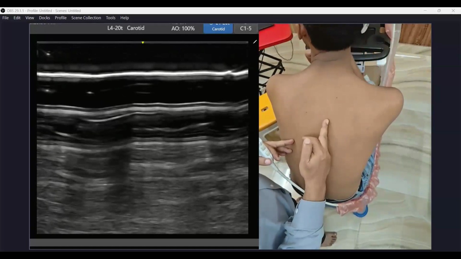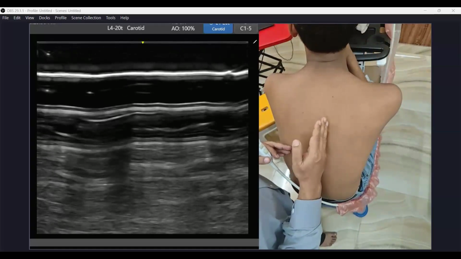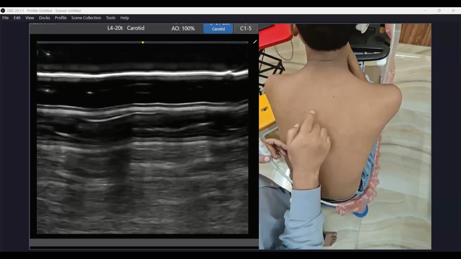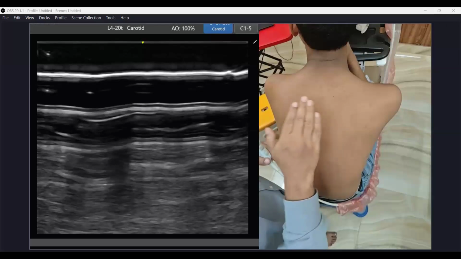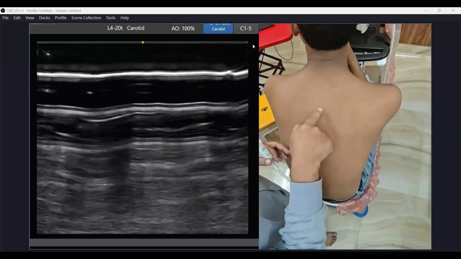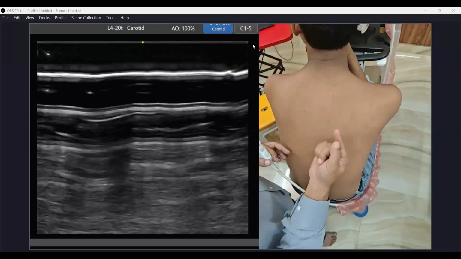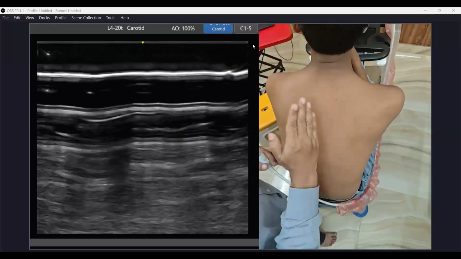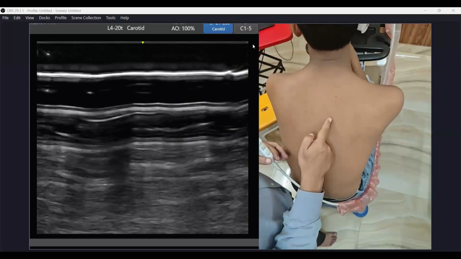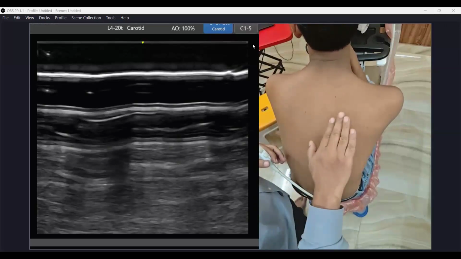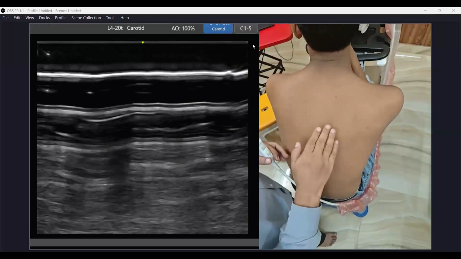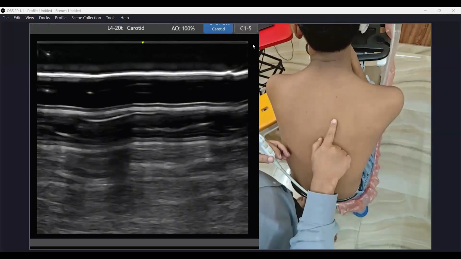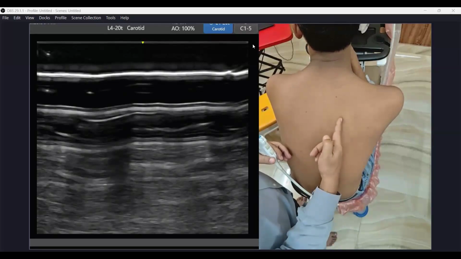Remember the structure of the bones: the thoracic spines in the midline are very superficial. We can palpate the bony structures with our finger. Then comes the lamina. Here in the thoracic area, the lamina is the deepest structure. It is very deep. Then, after the lamina, the third one is over the joint area.